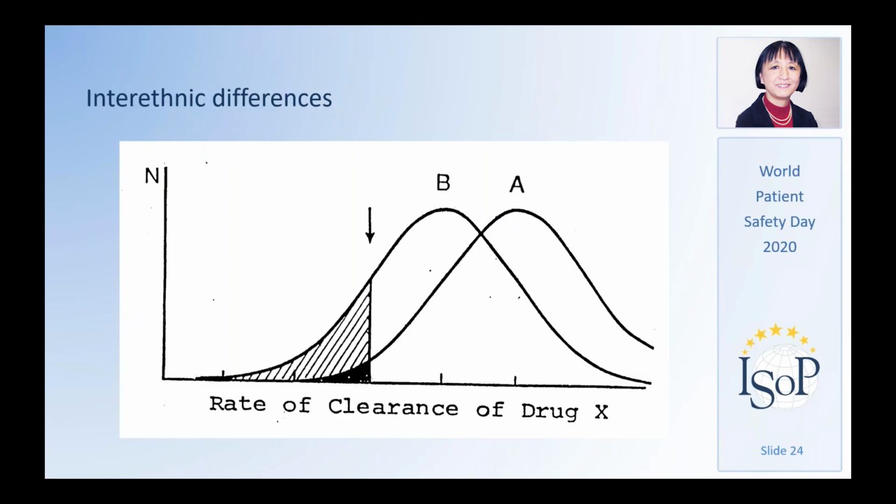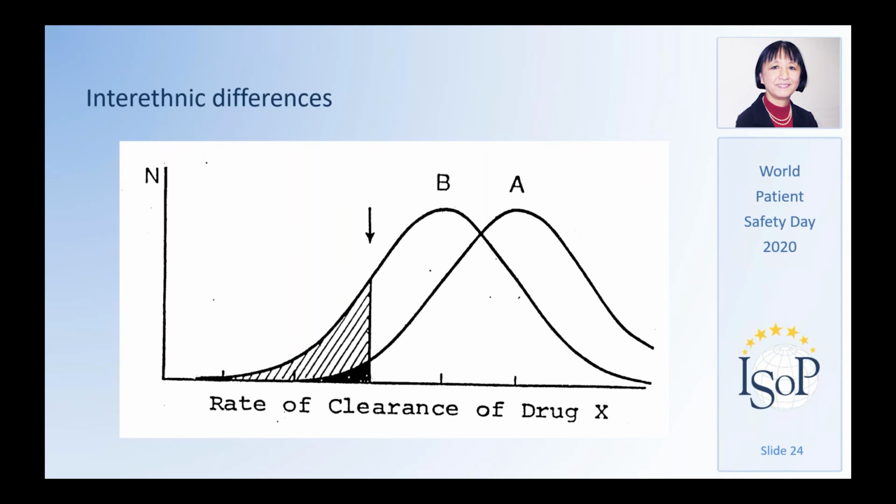So what is the clinical implication of interethnic differences? Suppose we have two populations, A and B. Although the inter-individual variability within A and within B is much bigger compared with the average differences between population A and population B, still, there can be important clinical implications.